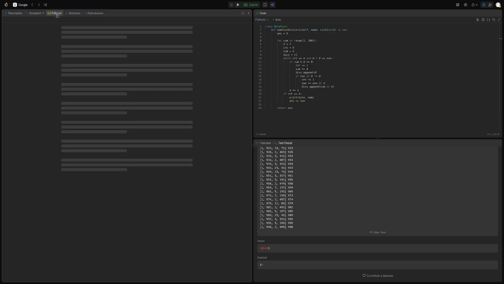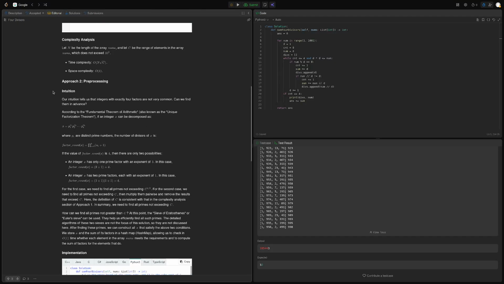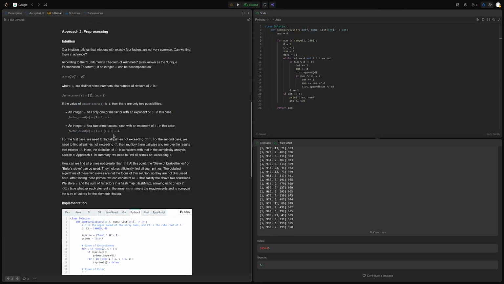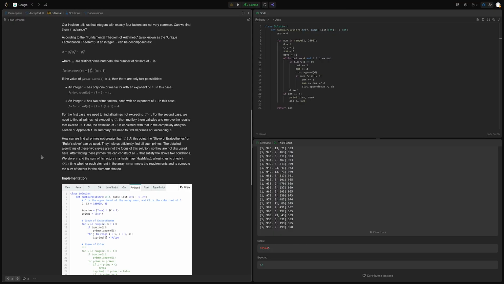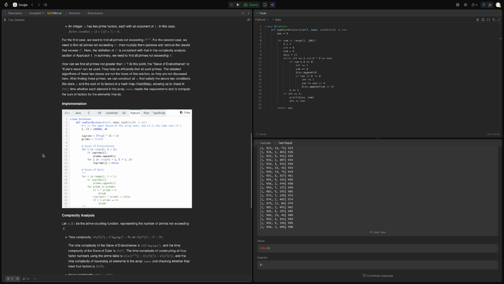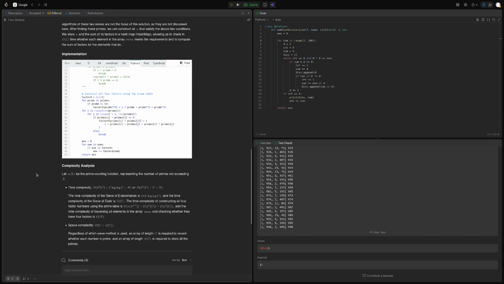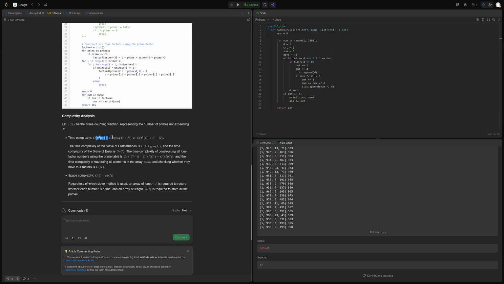Okay, let's see, editorial, enumeration, preprocessing. Fundamental theorem of arithmetic. Okay. That is crazy.